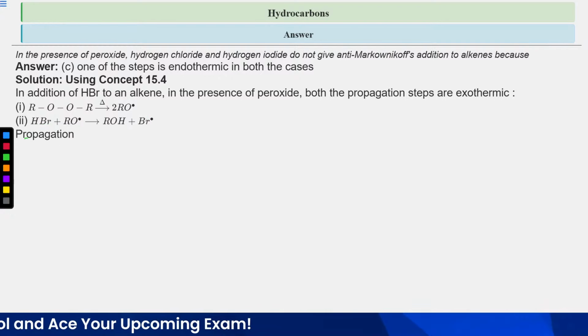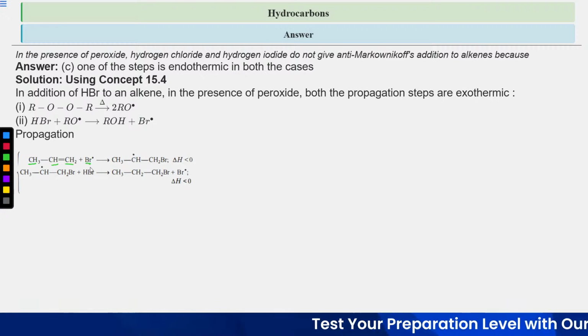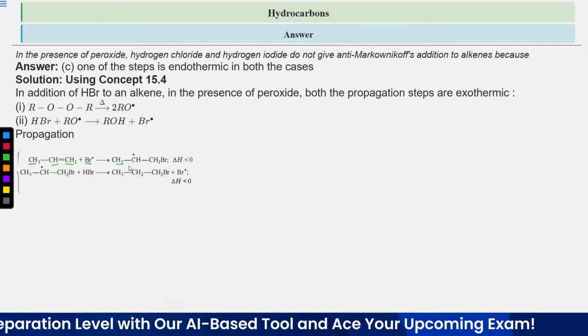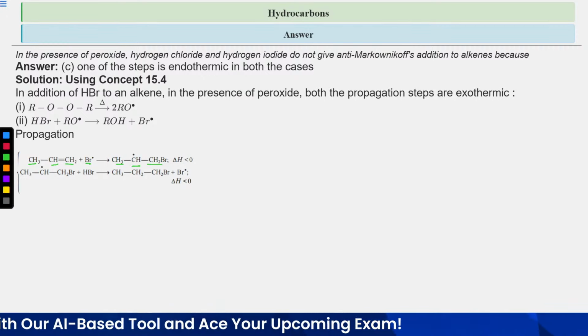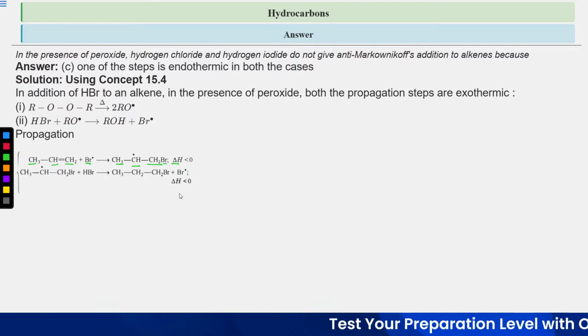Then the propagation will happen, and CH3 CH double bond CH2, which is propene, reacts with this bromine free radical, and it will form CH3 single bond CH dot single bond CH2Br. This is again a bromopropyl free radical, right? For this process, the del H value is less than 0.